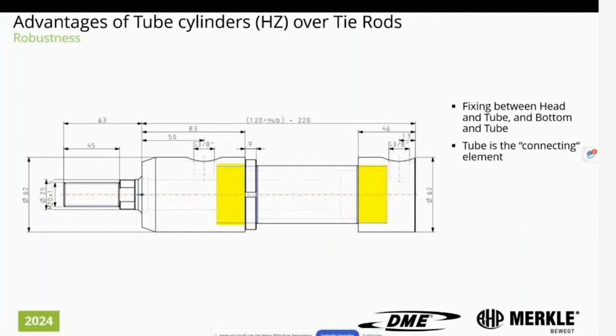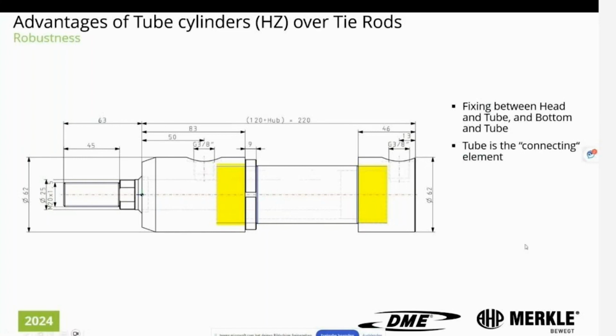tube cylinder. What we have here, and I can say that the founder of AHP, Mr. Gerard Merkle, when he started the company, he didn't believe in the tie rods. So he developed what we call today our AHP standard cylinder. That is our HZ.